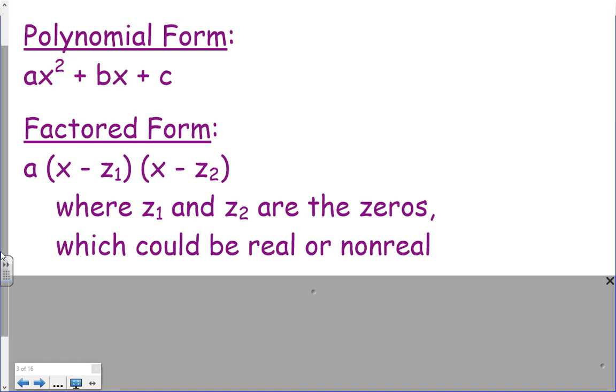Again, those are zeros, so they could be real or non-real. You factor out the a out front, and the a in this form and the a in the polynomial form are the same number. But obviously the z1 and z2 are not the same as the b and the c up above in the polynomial form.